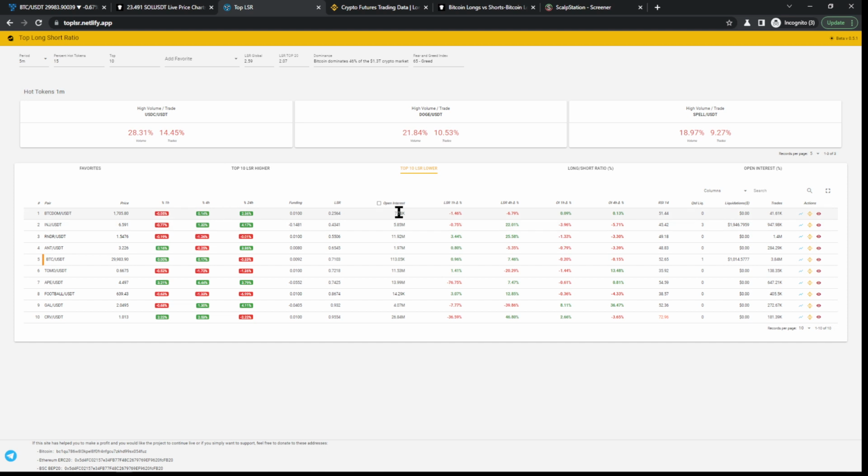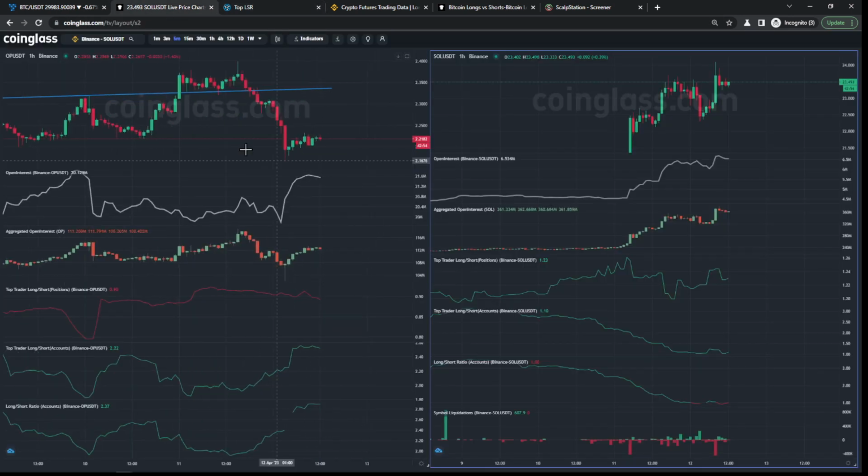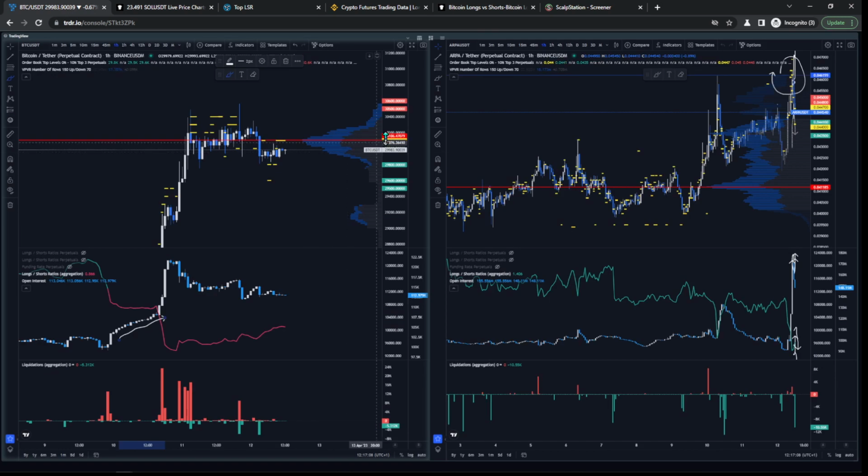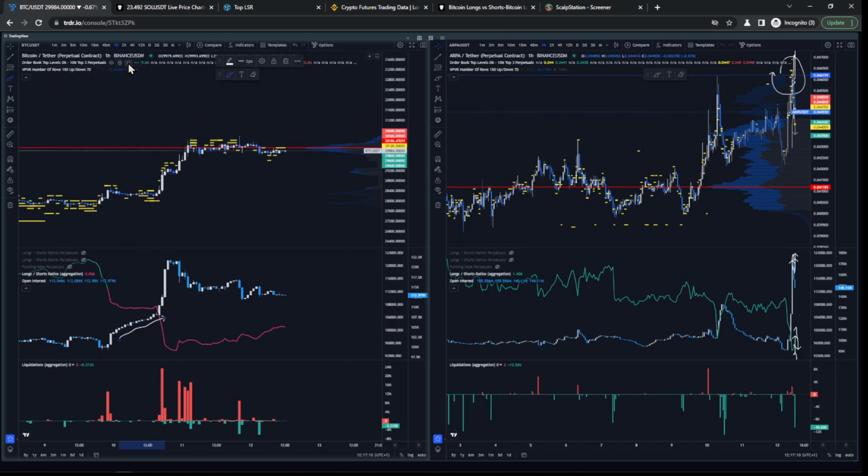So they go there, they inject open interest, which means contracts, coins. They make that price go higher.